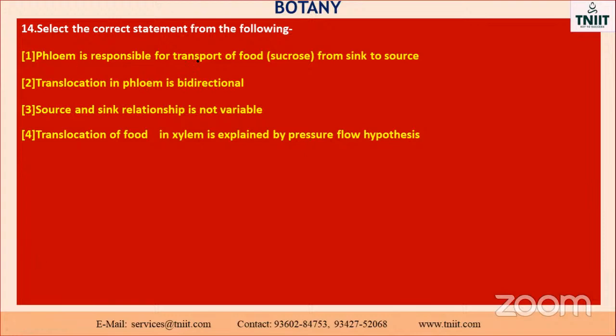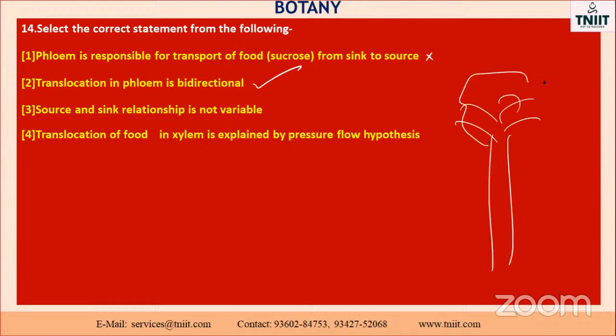Phloem is responsible for transport of food from the sink to source. No. Translocation in phloem is bidirectional. Yes, correct. For example, take a plant. Here the root is there.